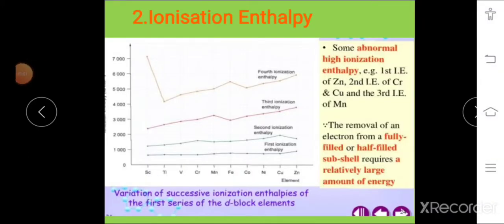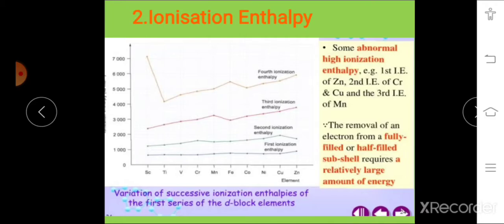Next is the variation in ionization enthalpies of transition elements. The ionization enthalpy is the energy required to remove an electron from its atom in its ground state. The ionization enthalpies of transition elements are intermediate between those of s-block and p-block elements.